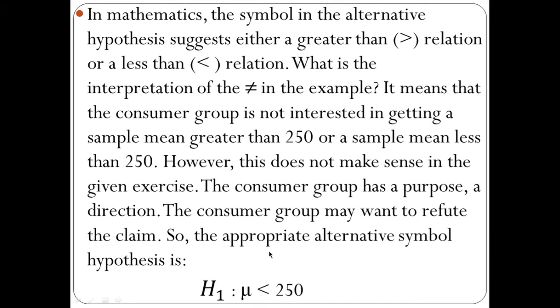So, the appropriate alternative hypothesis is, okay, so ito naman po yung symbol for alternative hypothesis. So, we have H sub 1 is to mean less than 250. Okay, so ito po, minsan sa activity nyo, pagpapagawin kayo ng symbol, ganito po kasi yung paggawa ng symbol, okay?